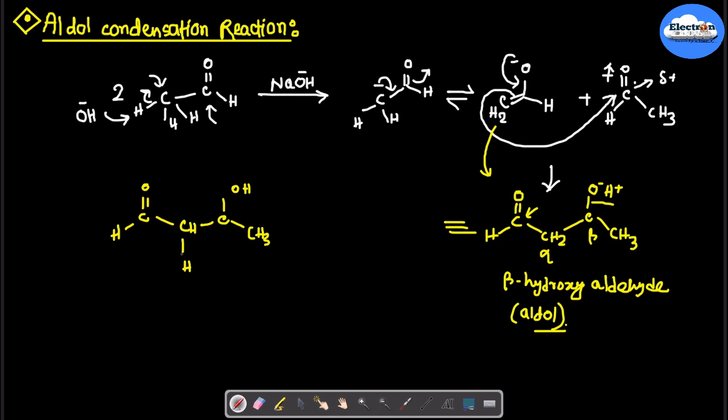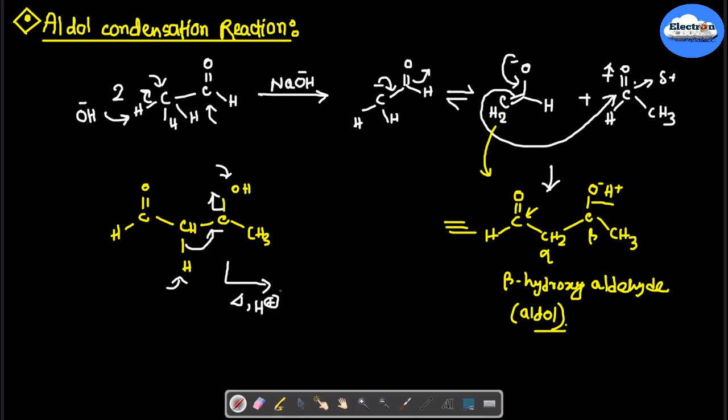Now this hydrogen and this OH simultaneously break off and get eliminated, so a double bond can form. Generally this happens under heat and in an acidic medium.